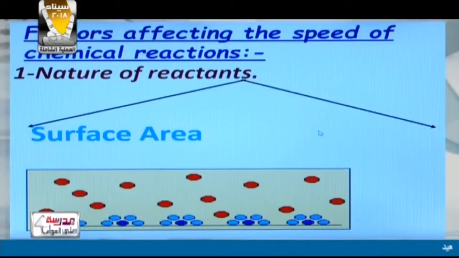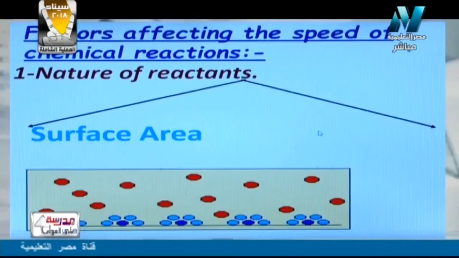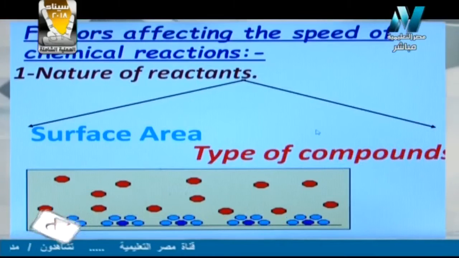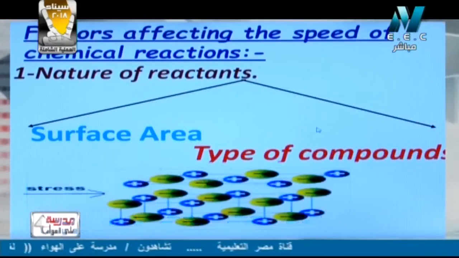The powder or fillings in any reactant react faster than the piece. As we see here, we have number one, surface area, and number two, as we studied before, the type of compound, ionic or covalent.